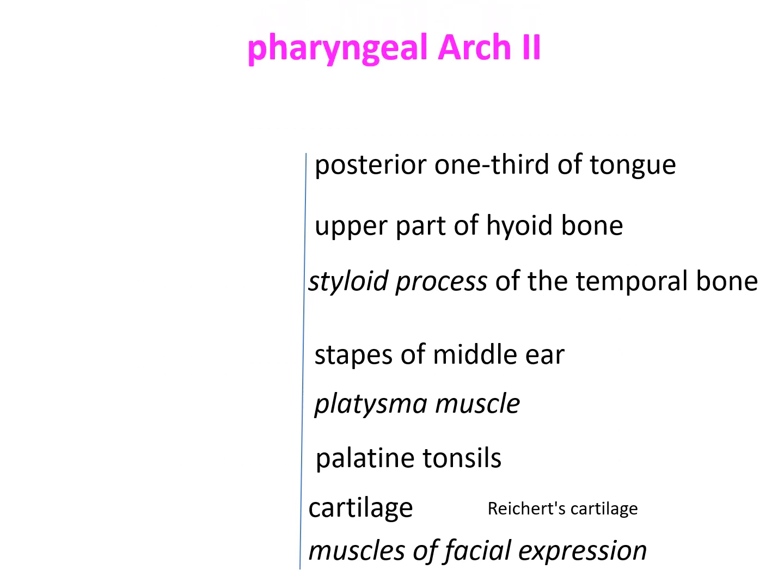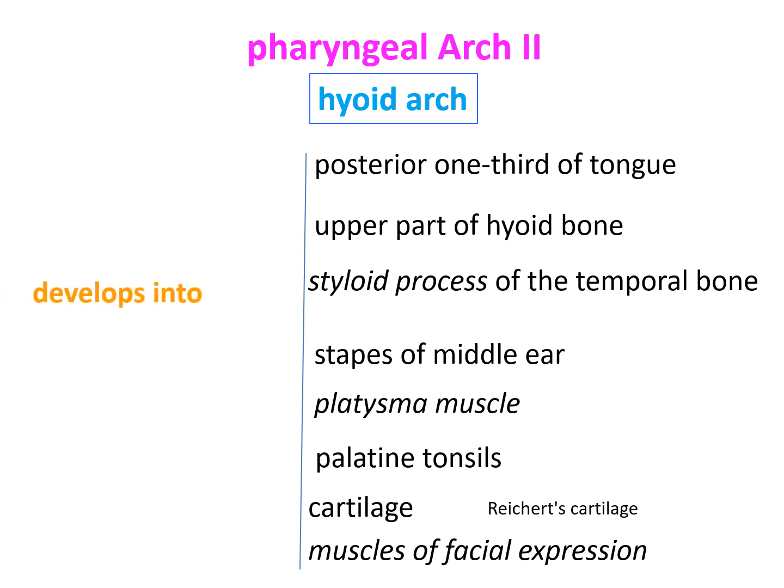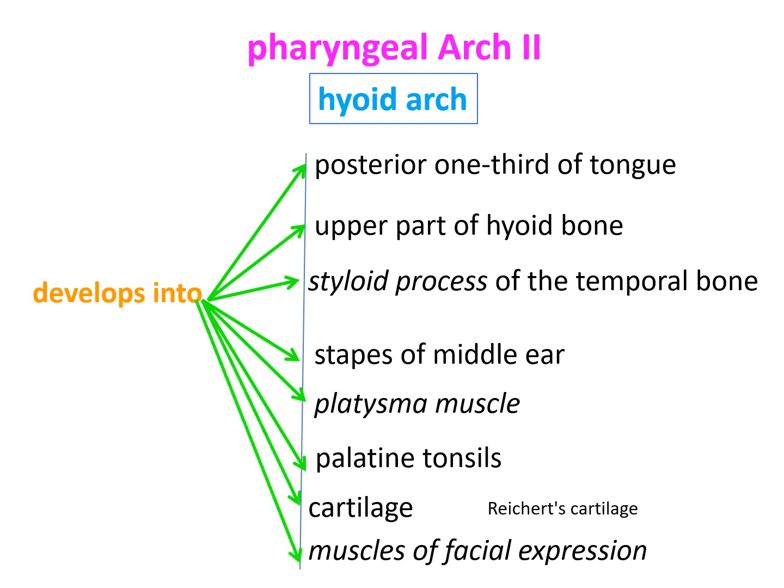The second pharyngeal arch, also called the hyoid arch, will give origin to the posterior one-third of the tongue, upper part of the hyoid bone, styloid process of the temporal bone, stapes of the middle ear, platysma, palatine tonsils, Reichert cartilage, and muscles of facial expression.